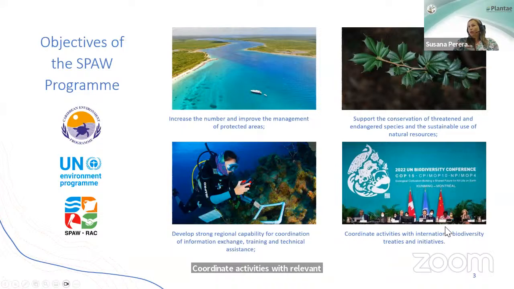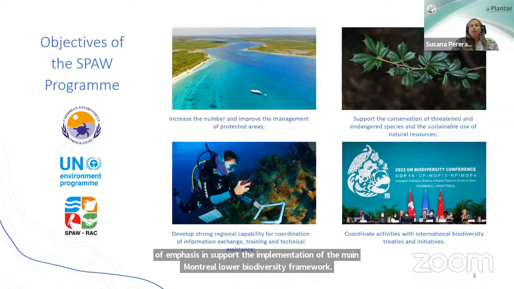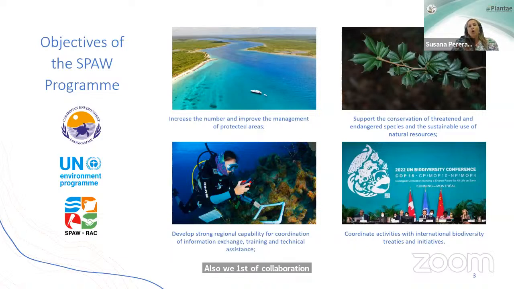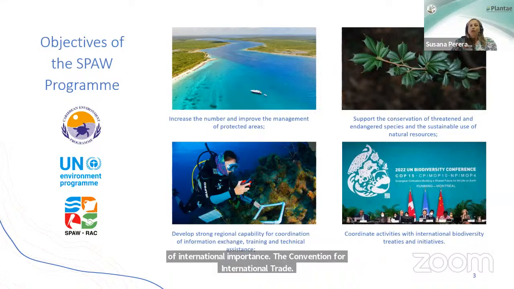Some of them were already mentioned by Gillian. For example, the Convention on Biological Diversity, and now with a lot of emphasis on supporting the implementation of the Kunming-Montreal Global Biodiversity Framework. Also, we foster collaboration with the Ramsar Convention on wetlands of international importance, and the Convention on International Trade in Endangered Species of Wild Fauna and Flora, CITES.